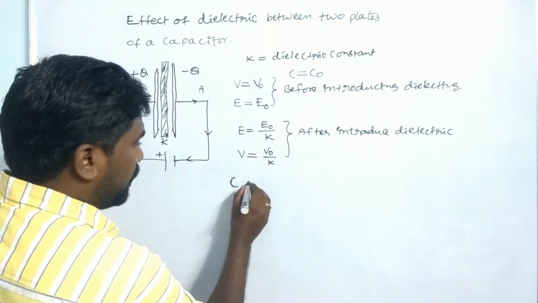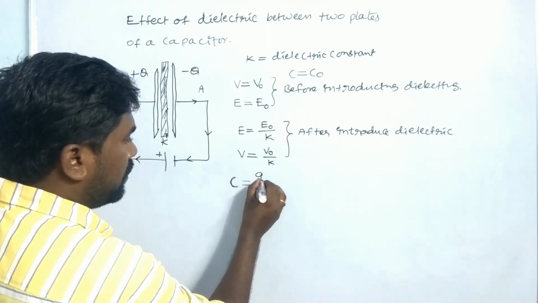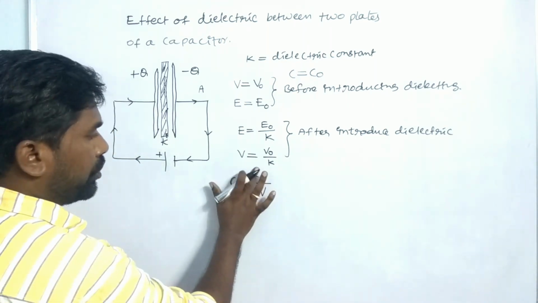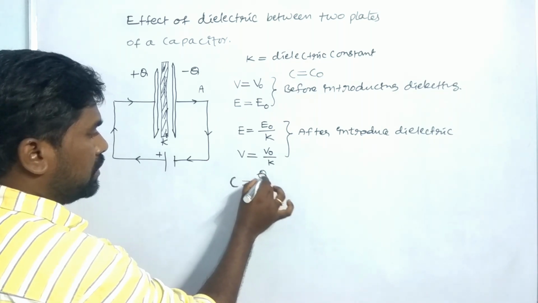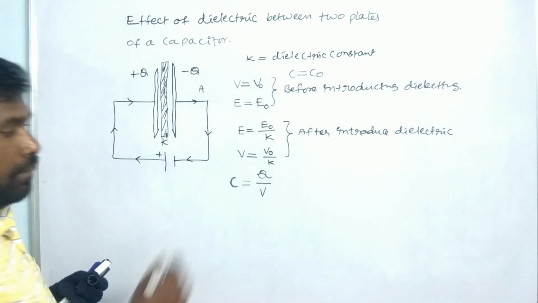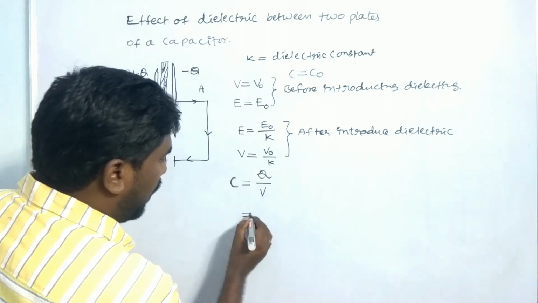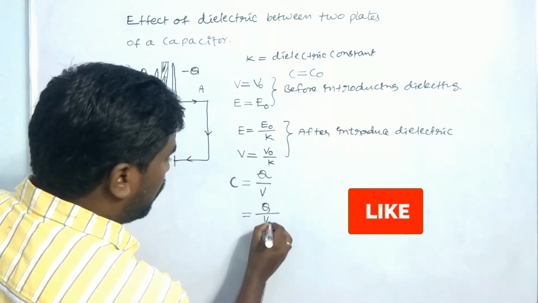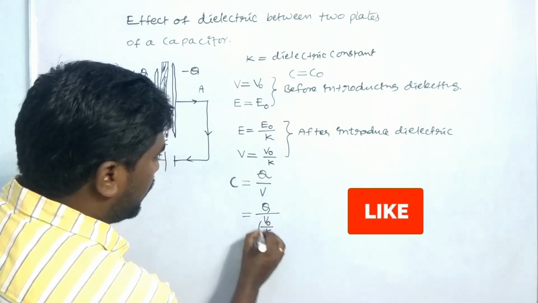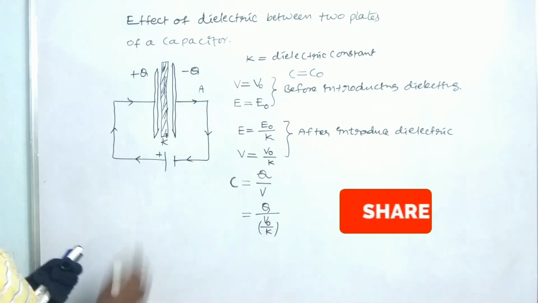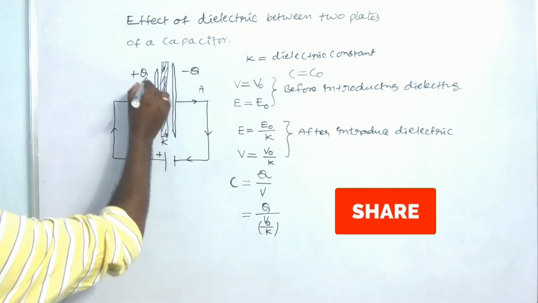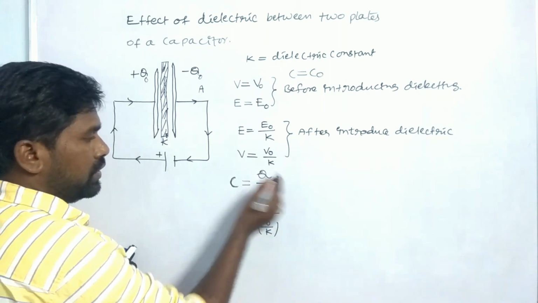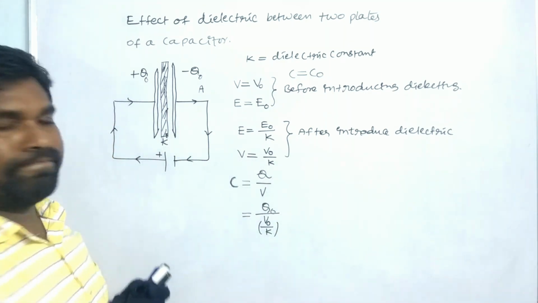By the definition of capacitance, C is equal to Q by V. But V after introducing the dielectric is V naught by K, so C is Q by V naught by K. At first, the charge is plus Q naught and minus Q naught, and you take it as Q naught here.